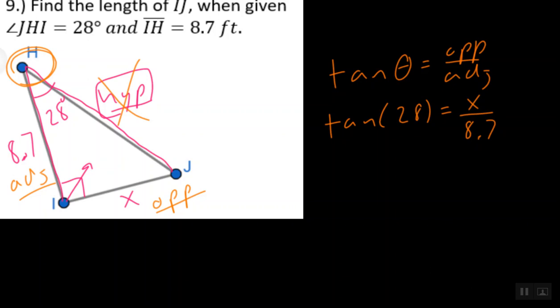And the last thing that I'll leave you with, on these, you always multiply by what's on the bottom of the fraction first. So for here, we will first multiply by 8.7 on both sides. And so all you have to do is literally type into the Desmos scientific calculator 8.7 times the tangent of 28, and that will give you x. All right, let's move on.